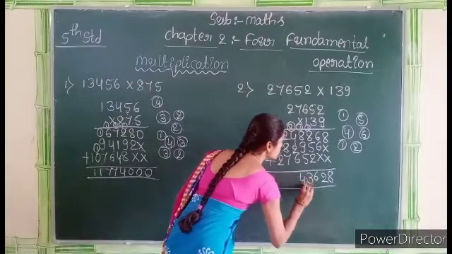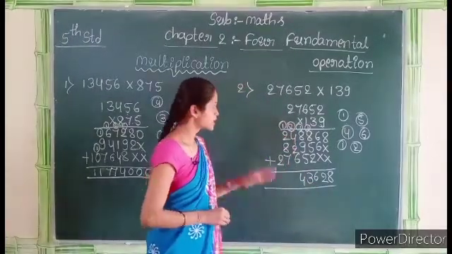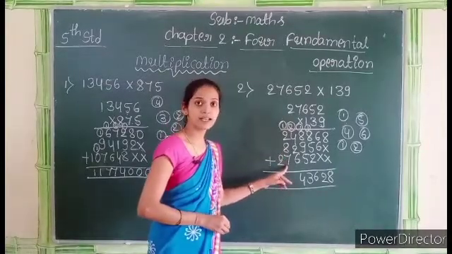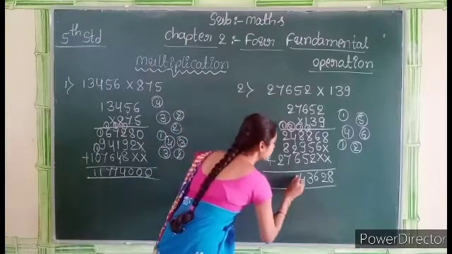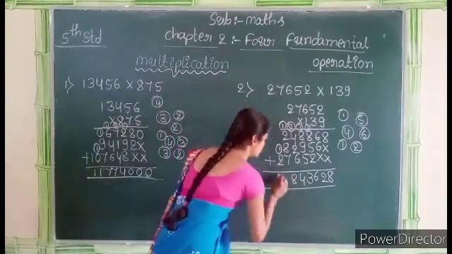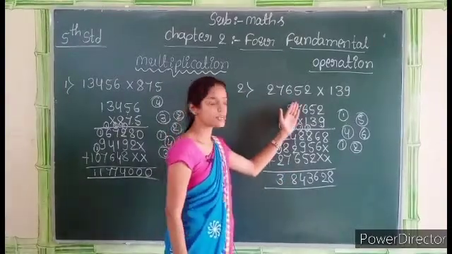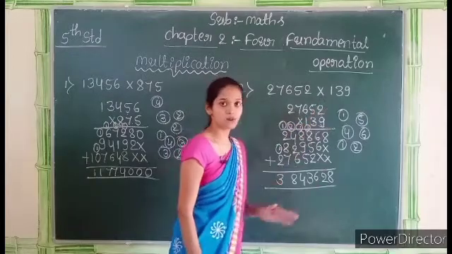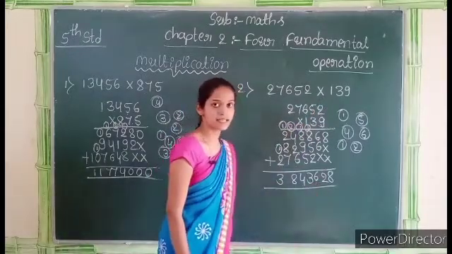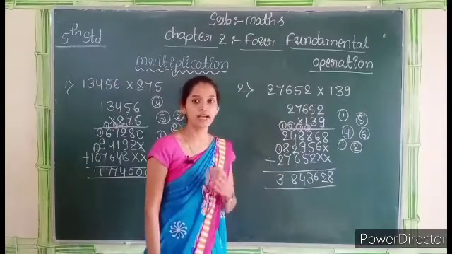Okay, 4, then 1 carry over, 1 plus 2, 3. 3 plus 8, 11. 11 plus 7, that is 18. I will write 8, then 1 carry over, 1 plus 2, 3. Okay, when we multiply the 27,652 by this 139, we get 38,43,628. Okay, so let's move on to the next one.